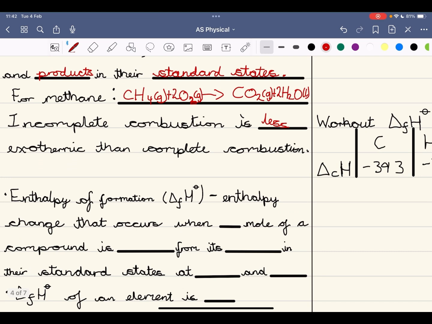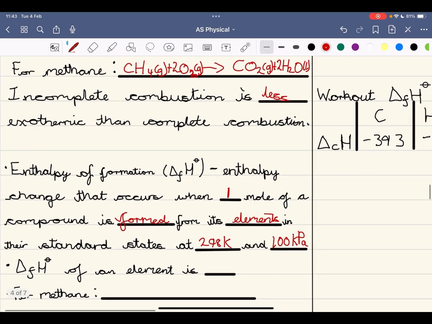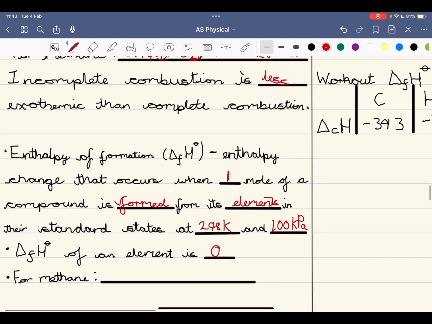Enthalpy of formation is the enthalpy change that occurs when 1 mole of a compound is formed from its elements in their standard states at 298 Kelvin and 100 kilopascals. The enthalpy of formation of an element is 0.